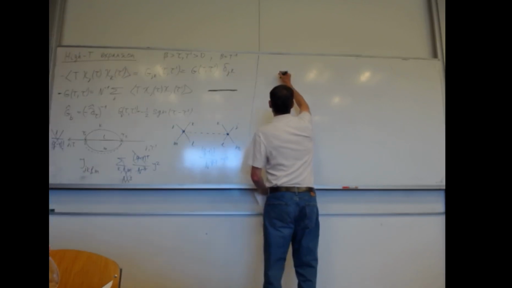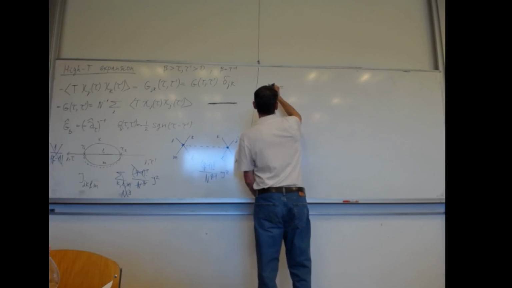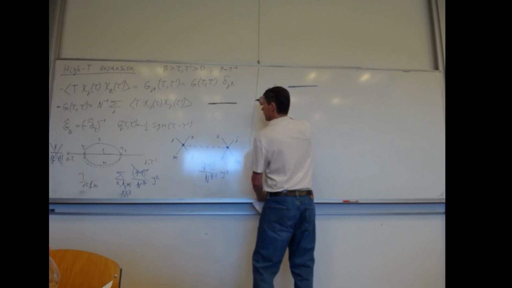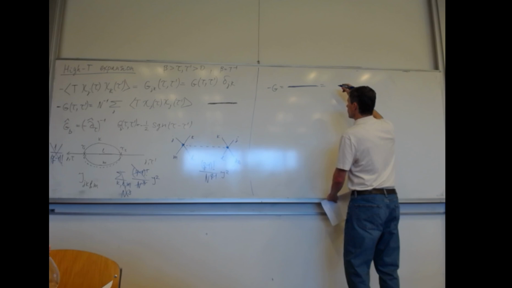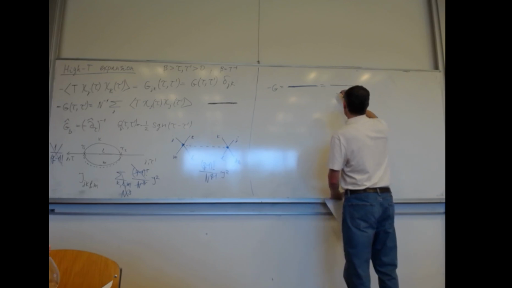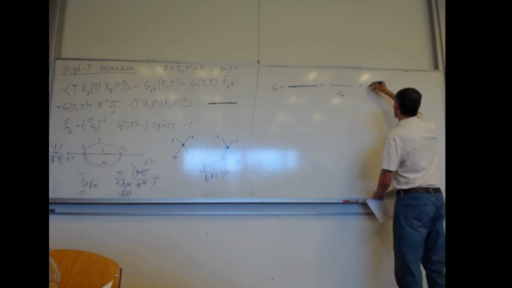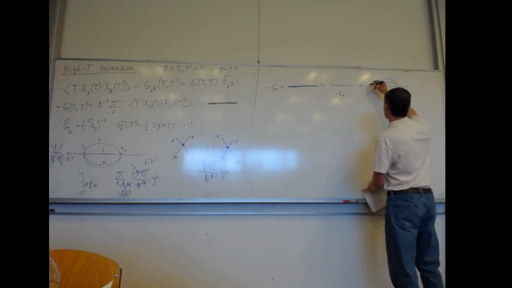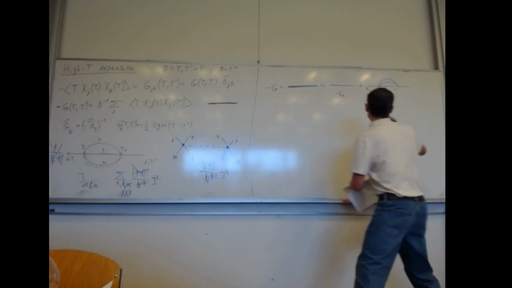So, minus G. Let me use minus G for this line, and minus G sub B for this thin line. This is minus G sub B plus this diagram, and let's put some indices here. But we have taken the sum over K, L, and M, so let me just put the times.